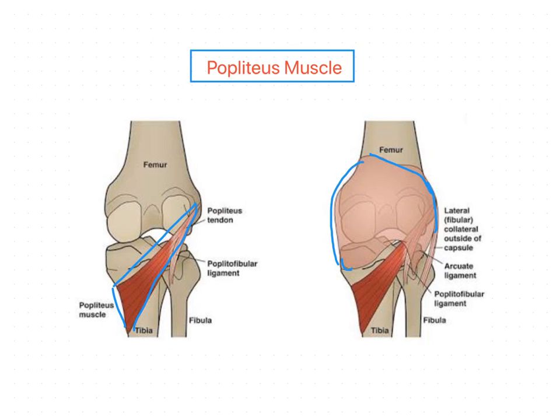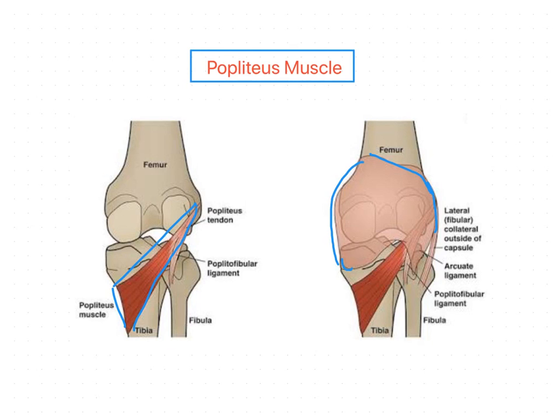Okay, and the origin is inside the capsule of the knee joint but is extrasynovial. So here the very important thing about the origin is it is originating inside the capsule of the knee joint, but it is extrasynovial. So what do you mean by intrasynovial and extrasynovial? We are going to discuss in the knee joint.